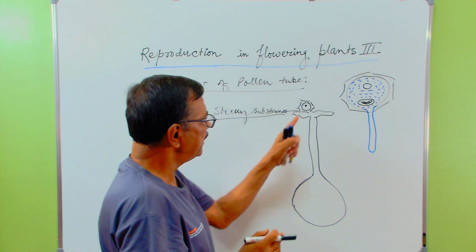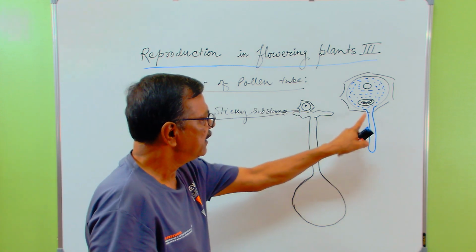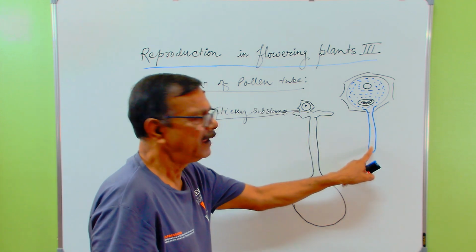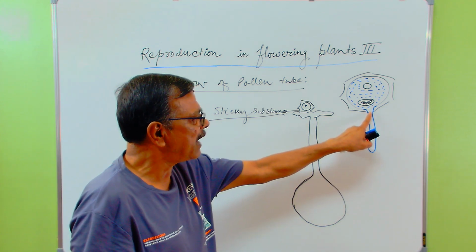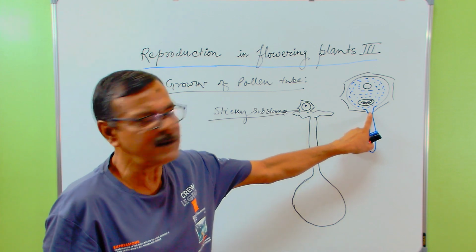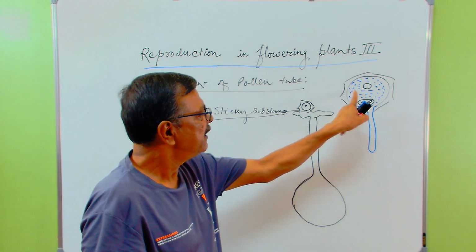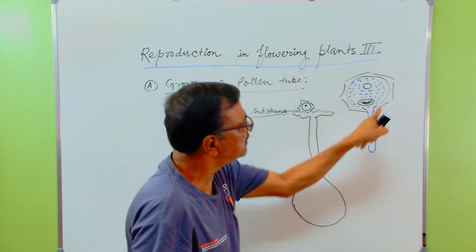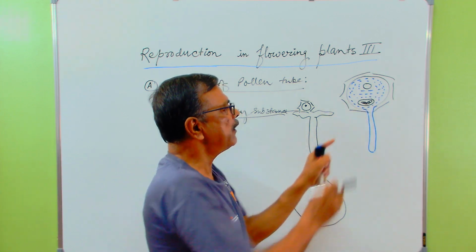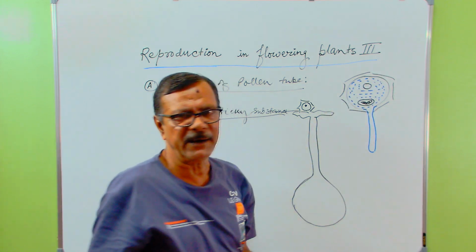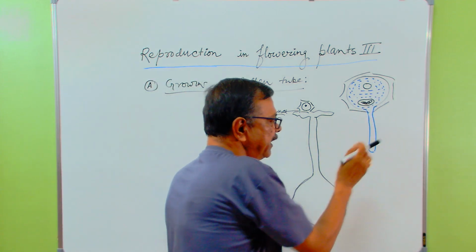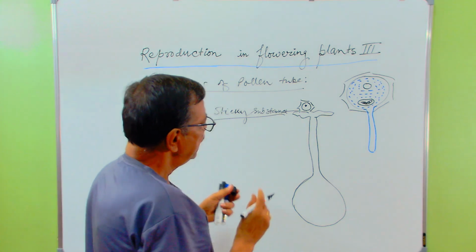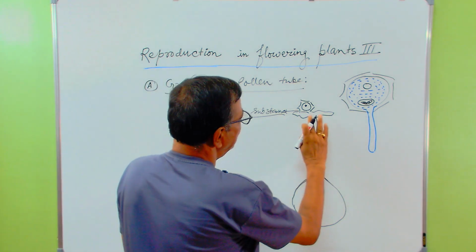And as and when it sticks here, the pollen tube protrudes out from the germ pores or slits, and the entire contents of the microspore come inside the pollen tube. So here I will write the pollen tube.